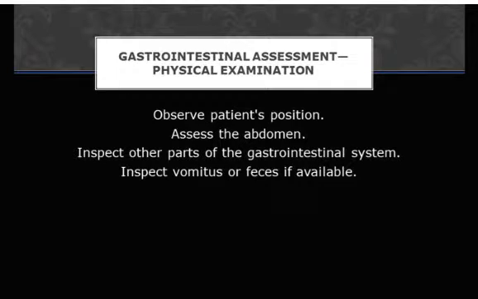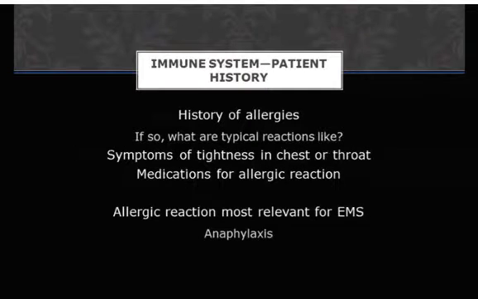Okay, but if vomitus or feces is there, we may want to look at it. There's some school of thought that if it's remarkable or there's something in it, you may want to take it with you to the hospital. They can check for blood in both vomit and feces, so it might be of some value to take some of that with you if it's available to do that.